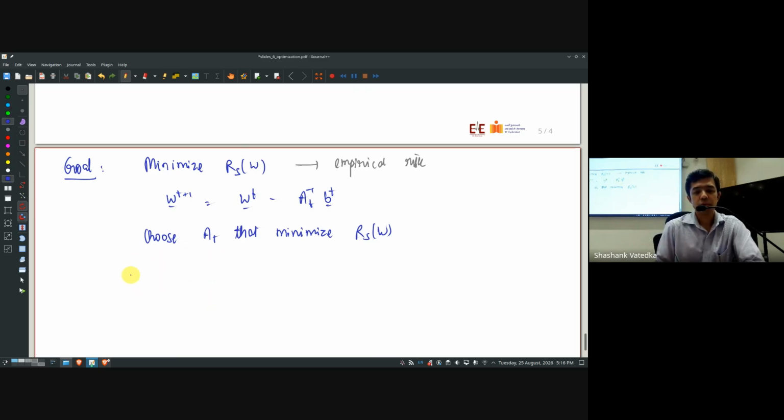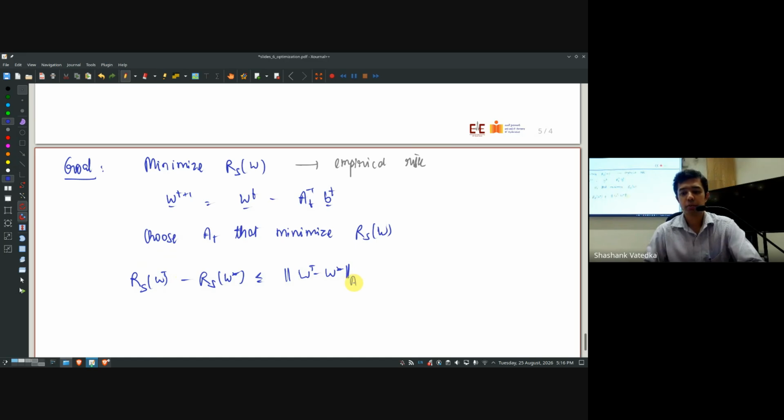So what you can show is that Rs of W minus Rs of W star, where W star is the minimizer for Rs, is upper bounded by Rs of Wt, Wt minus W star.